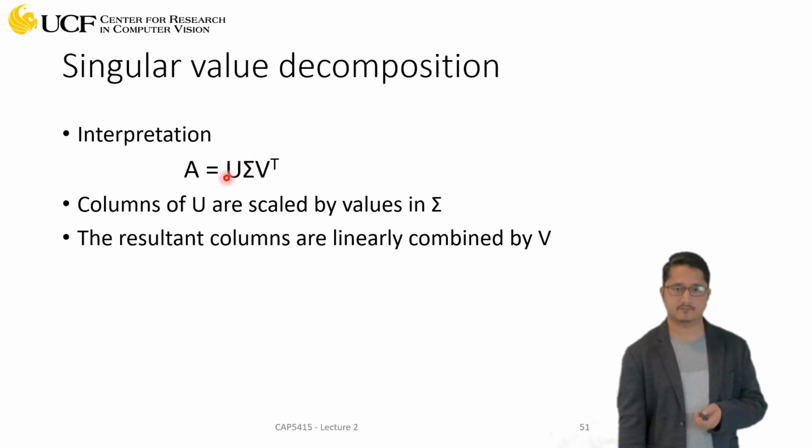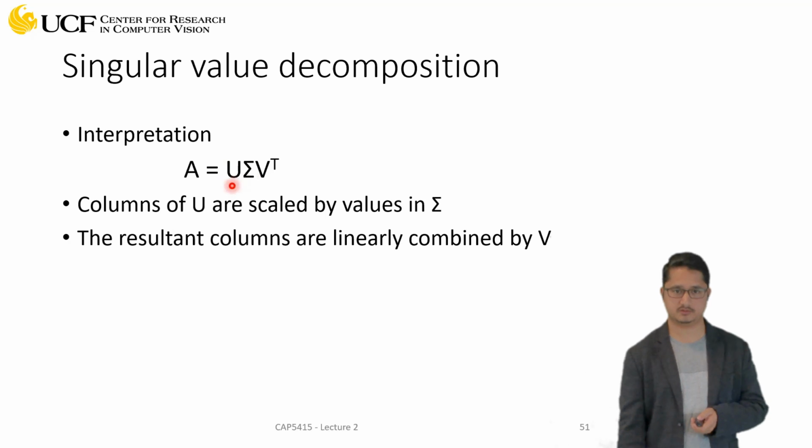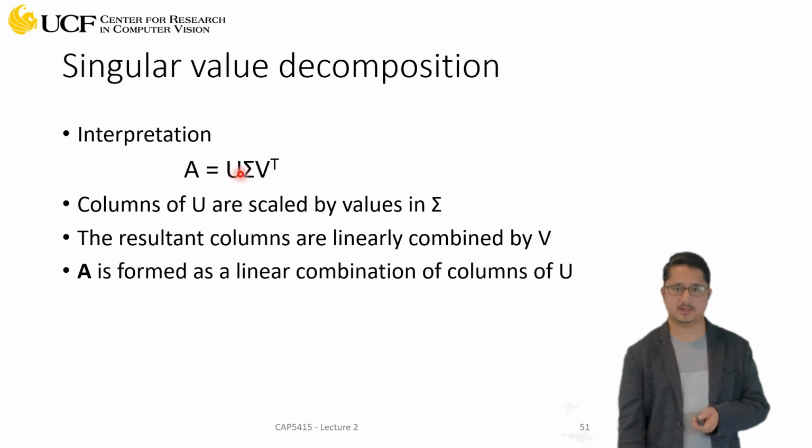If we multiply these two matrices, the columns in U will be scaled using the diagonal values. So they are kind of the magnitude when we perform the linear combination. And the weights for the linear combination will come from the rows of V.